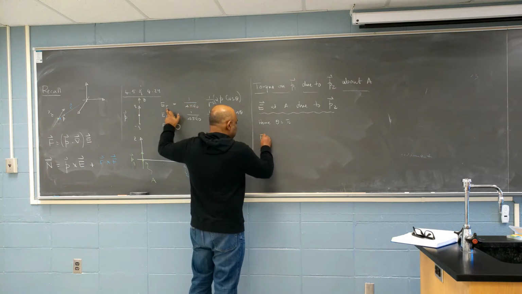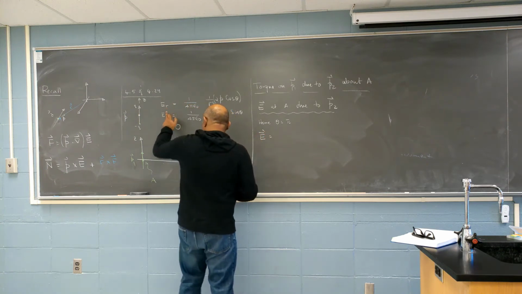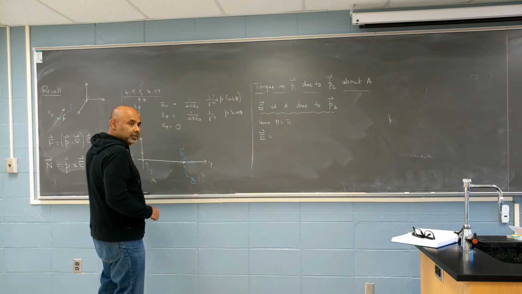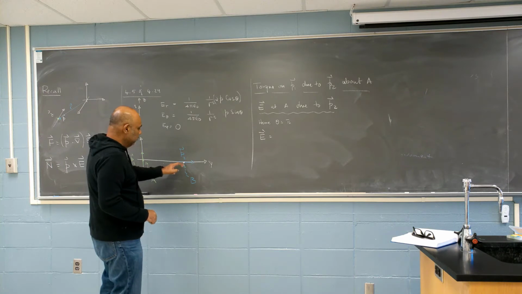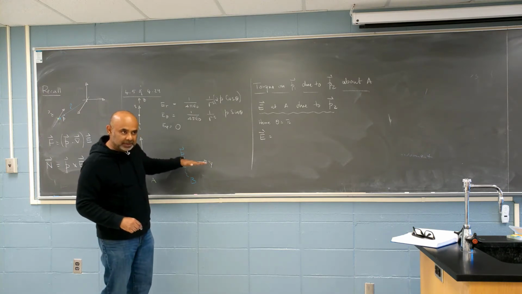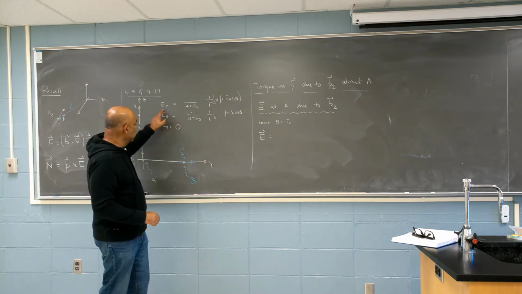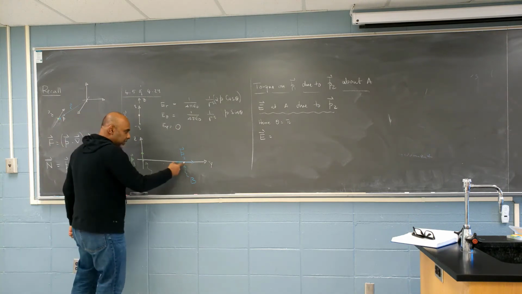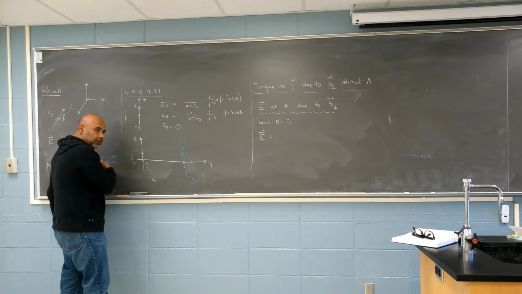Radial meaning that direction. Correct? Now pretend as if this is temporarily my z-axis. When I say radial, I mean, if z is that way, this is radially pointing downward.